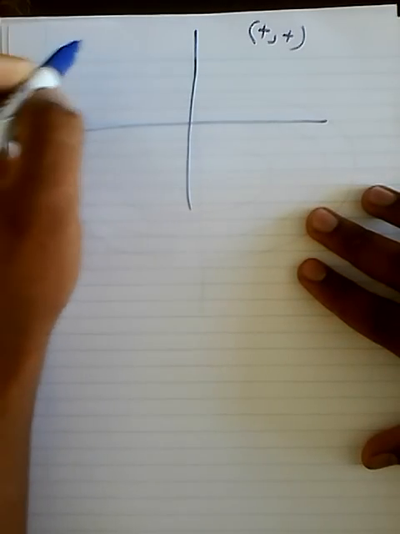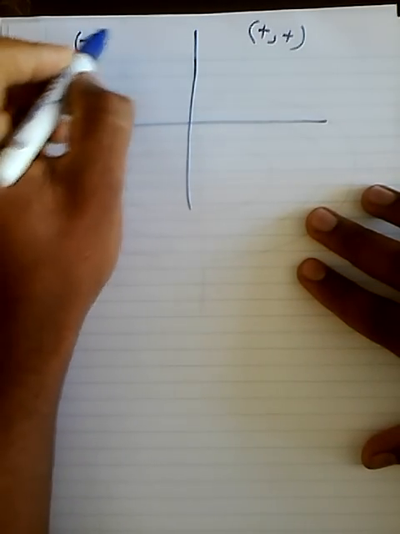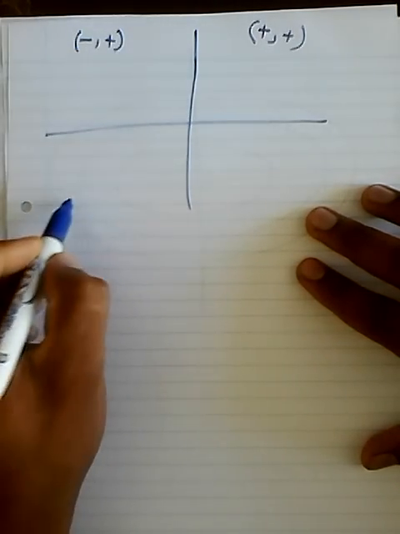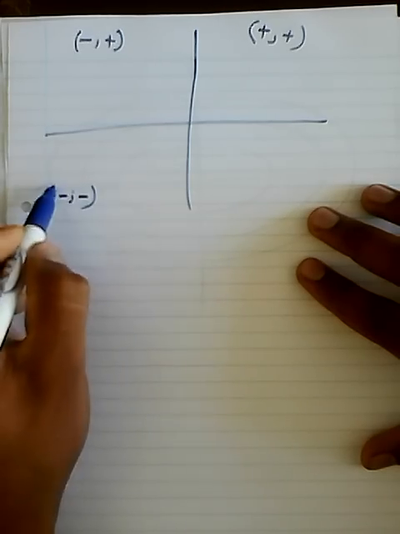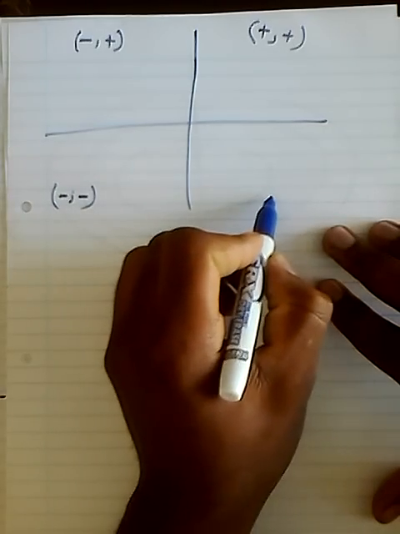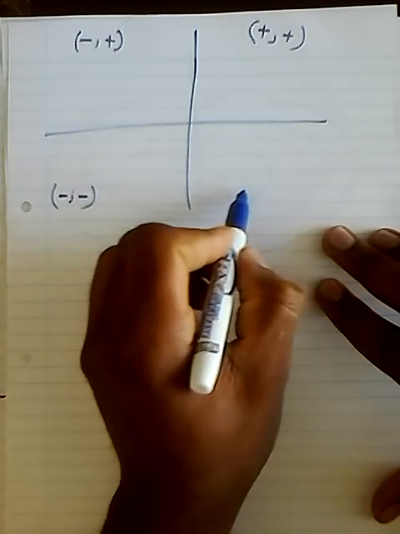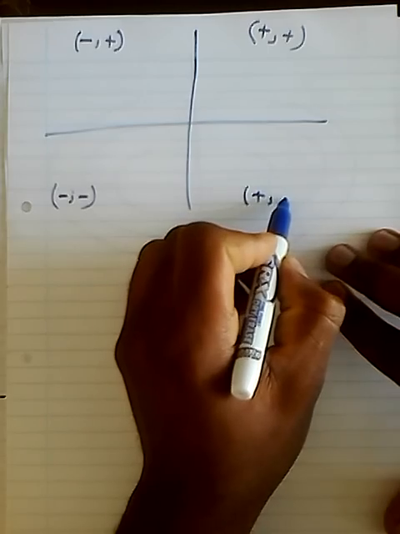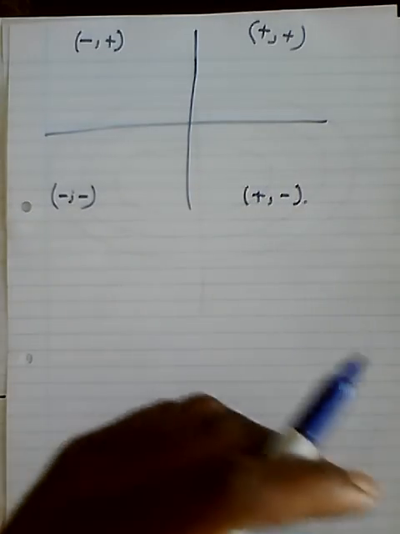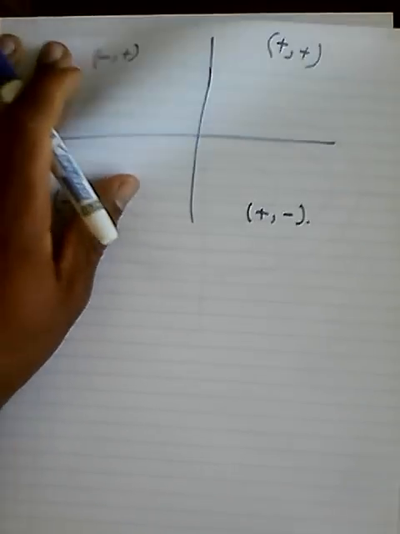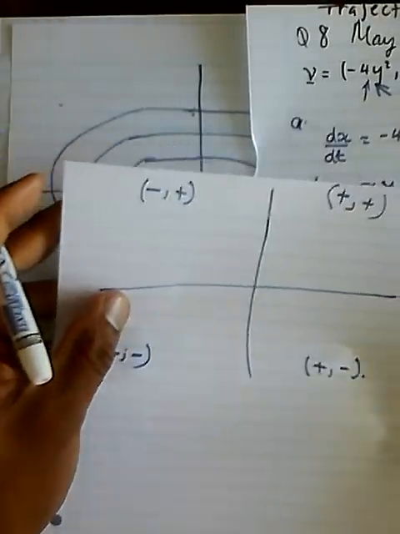On the second quadrant, x is negative, y is positive. On the third quadrant, they are both negative, and on the fourth quadrant, x is positive, y is negative. Okay, this is what we did when we were in high school. Let me not attach a grade to that.